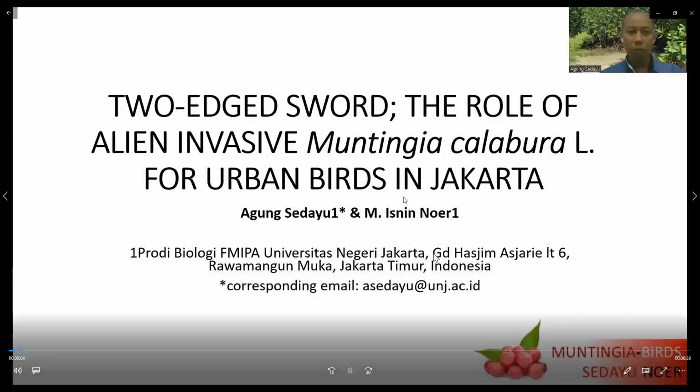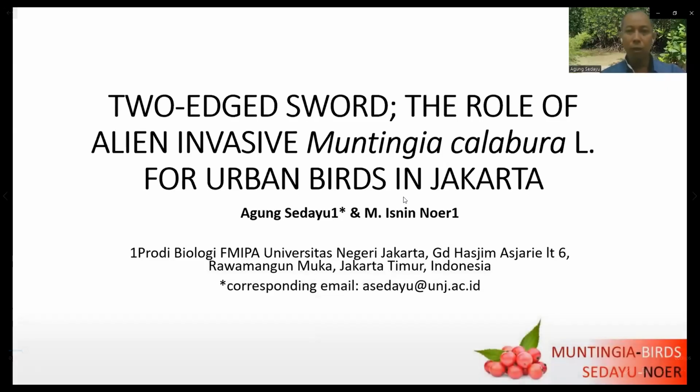Assalamualaikum warahmatullahi wabarakatuh. Allow me to present our research entitled Two-Edged Sword: the role of alien invasive Muntingia calabura L for urban birds in Jakarta. This research was done by Agung Sedayu and Muhammad Isnin Nur.